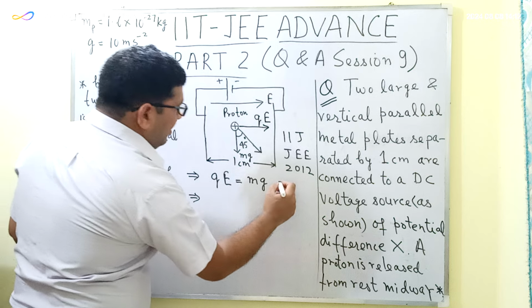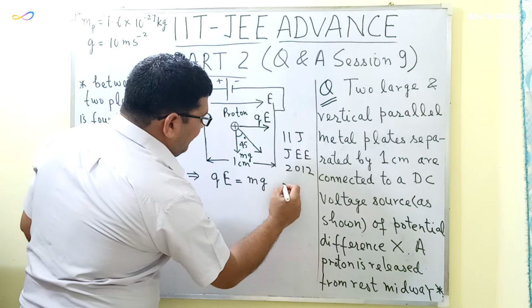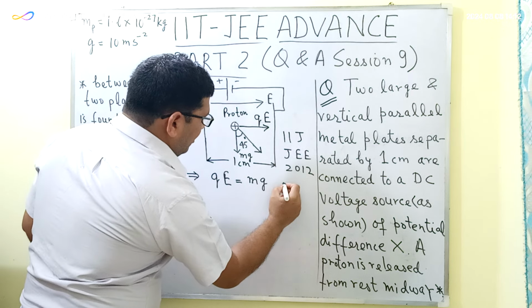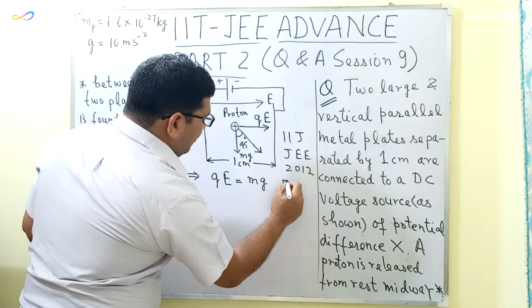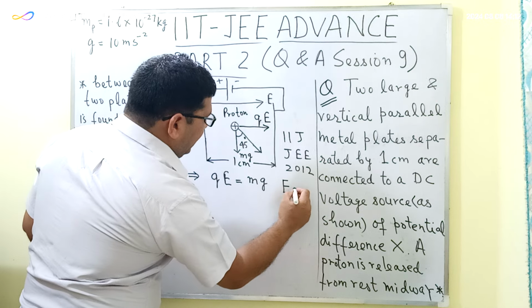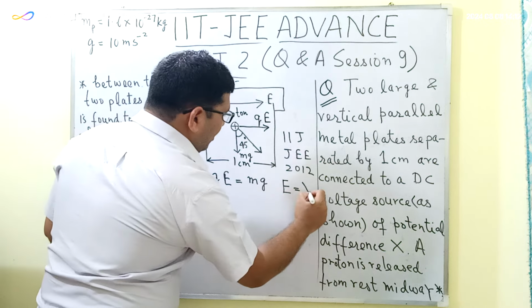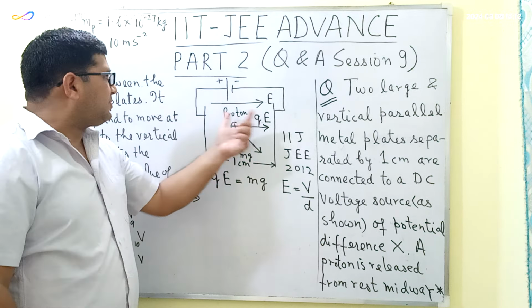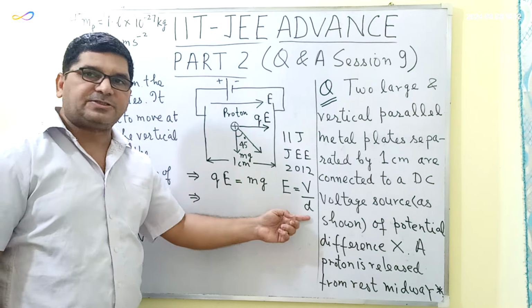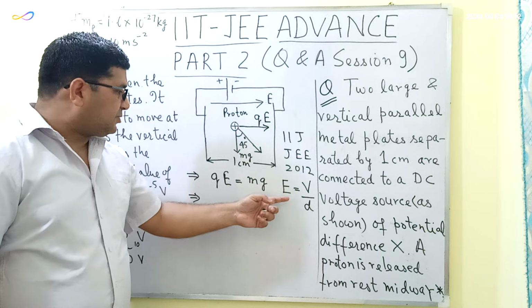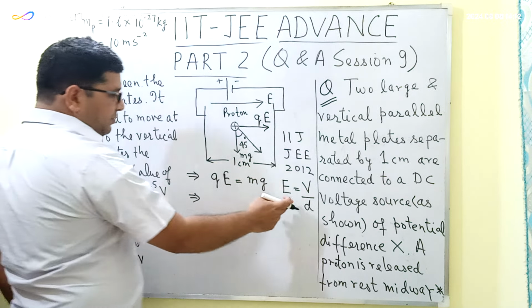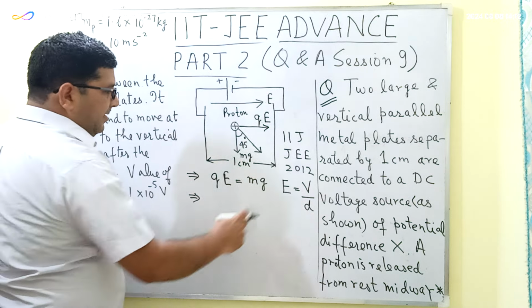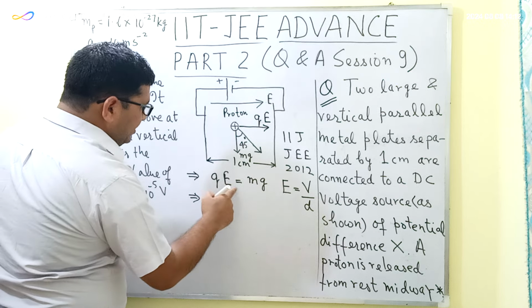And now we also know that there is one more formula, that is E is equal to V upon D, where V is the potential difference across these two plates and D is the distance separating them. So we can substitute this value of E is equal to V upon D in this equation.